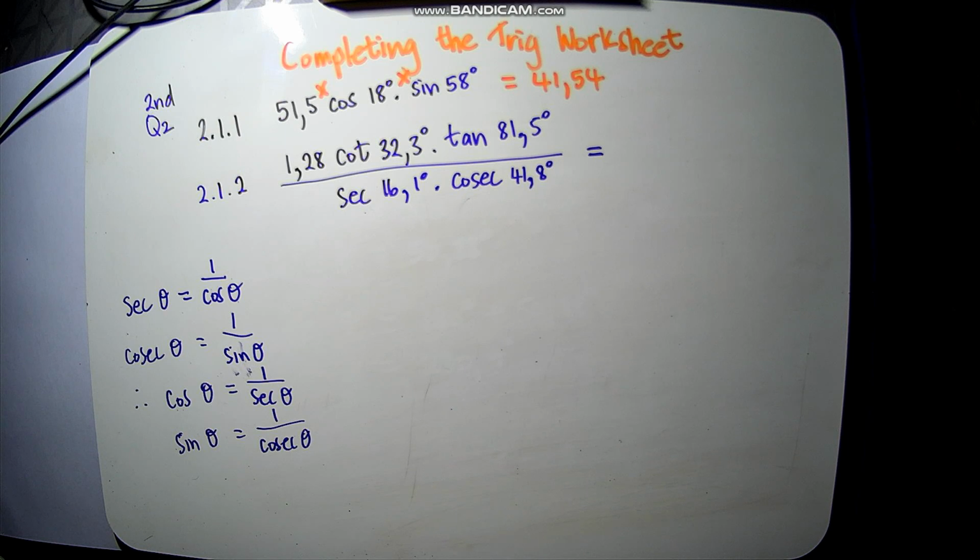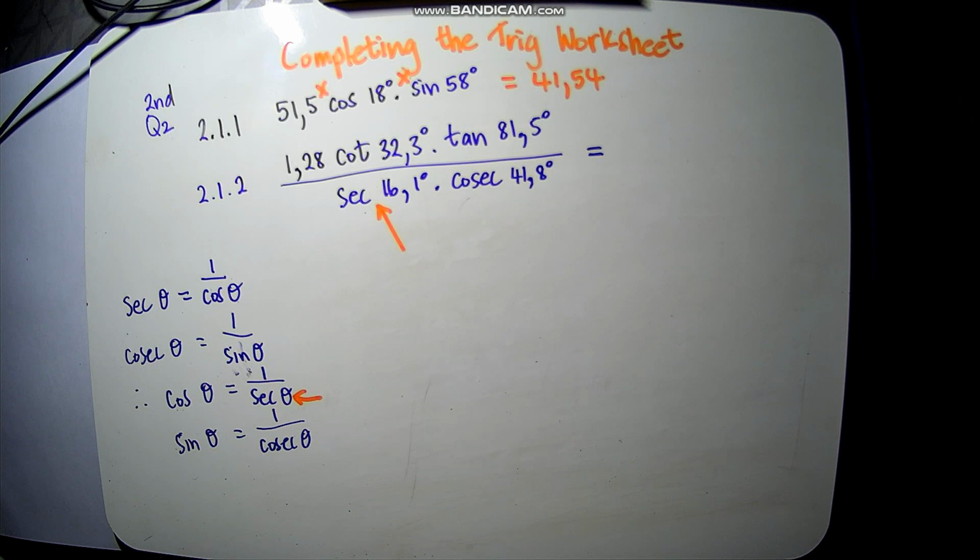For example, if you look at secant 16,1, notice that it's in the denominator. If you look on the left hand side, you will see the same thing. Secant is in the denominator. So the answer there, if secant is in the denominator, that means it's going to be cosec theta.